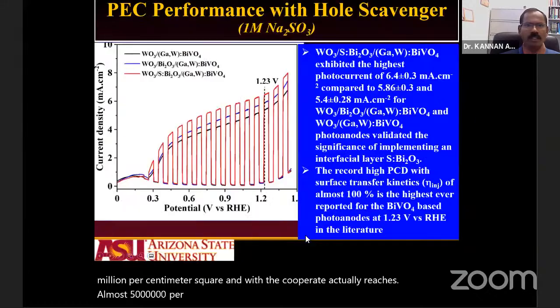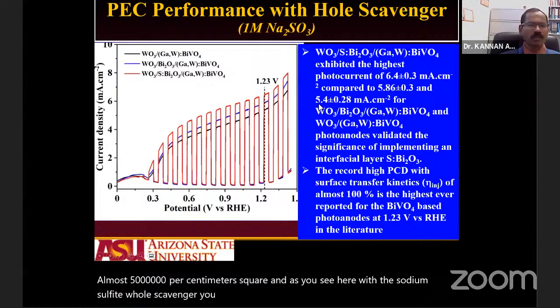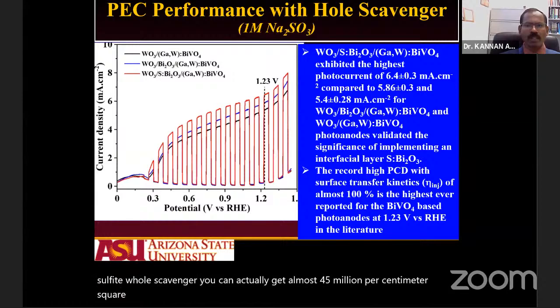And as you see here, with the sodium sulfite hole scavenger, you can get almost 4.5 milliamp per centimeter square. What is important is also to look at the charge transfer characteristics, light absorption characteristics, and also charge separation.